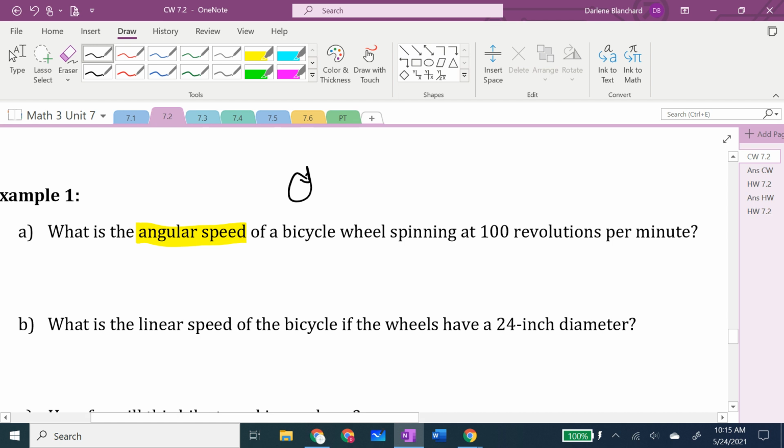If there are 100 revolutions every minute, then the amount of angle that we go through per minute is 2 pi times the number of revolutions every minute. So 2 pi times 100, and that gives me 200 pi. You can leave your answer as 200 pi, or you can multiply and get the decimal number. That's up to you. But this is the number of radians per minute.